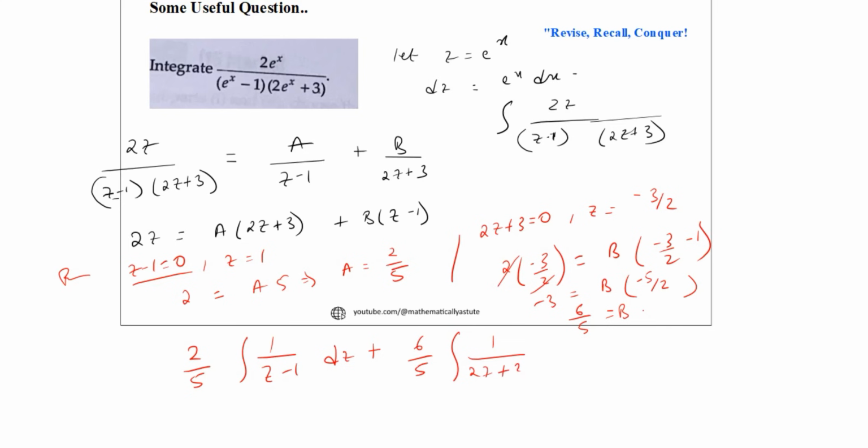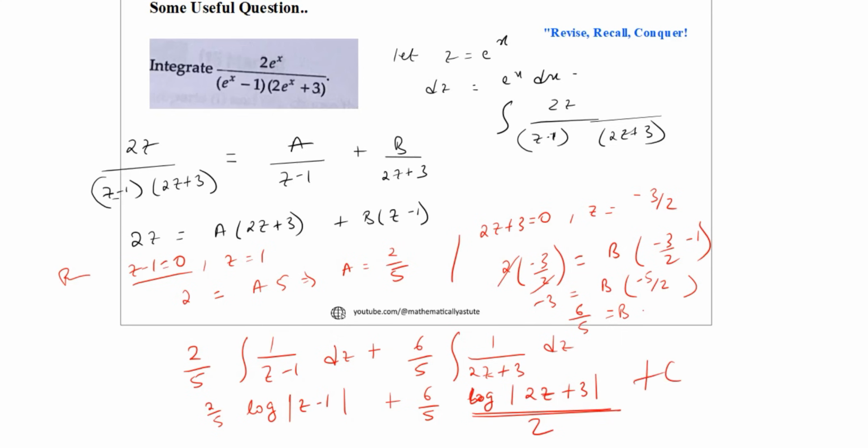Okay, we know 2 by 5 times log mod (z minus 1), and this will be 6 by 5 log mod (2z plus 3), and we need to divide it by 2, as we are having 2 as the coefficient of z. Plus c. After putting the respective value of z as e to the power x, you will get your required answer. Thank you for watching.